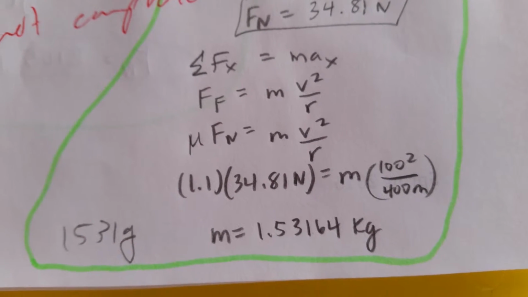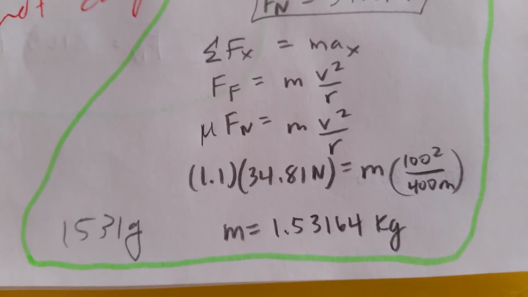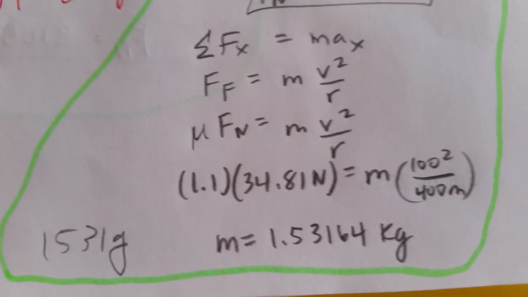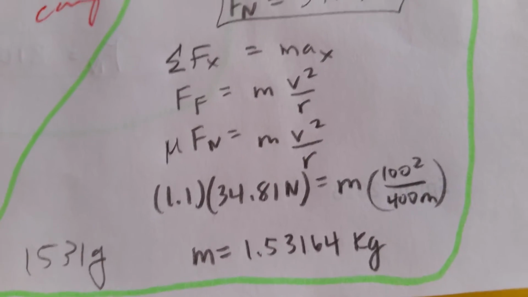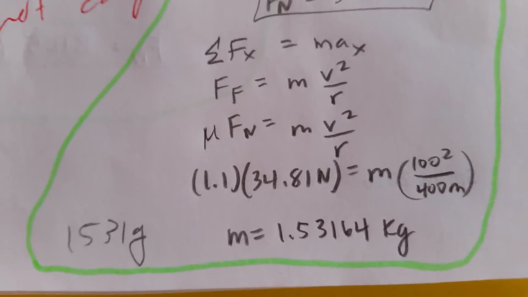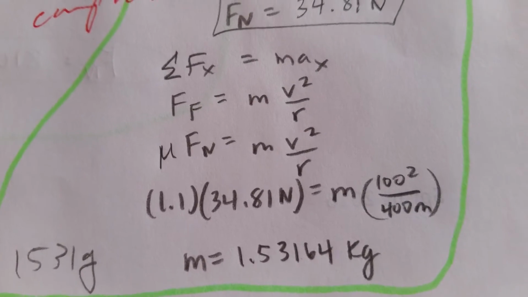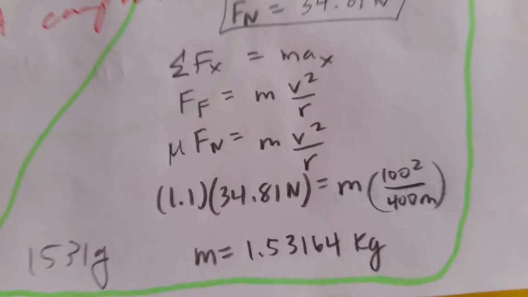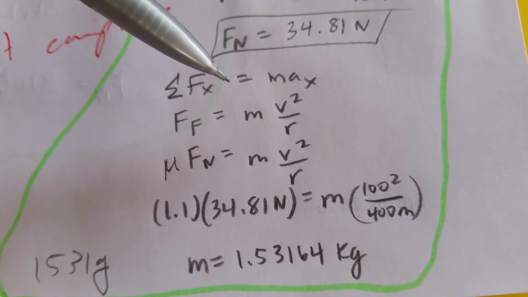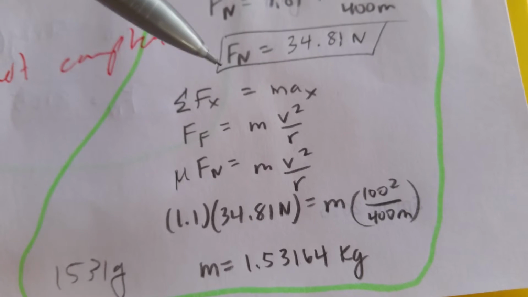The problem told you that there was a force of static friction, and then the coefficient for that was 1.1. So you know in the x direction there's something propelling the car, but you don't really know what that is. So the only force in that direction is the friction force, and that's going to be on the left hand side. And then the right hand side is just going to be mass times v squared over r.